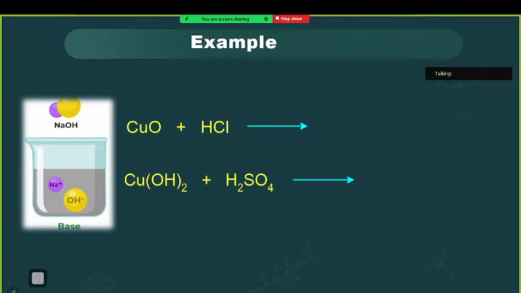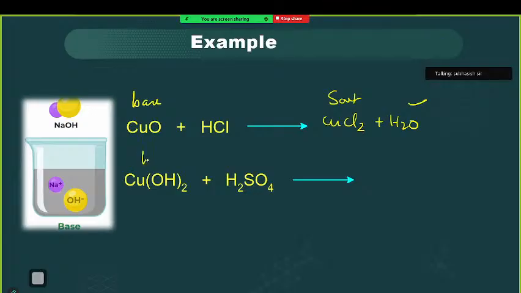Now, cupric oxide is a base. So what happens when cupric oxide reacts with HCl? Cupric oxide reacts with HCl with the formation of CuCl2 and water. This one is salt and this one is water.